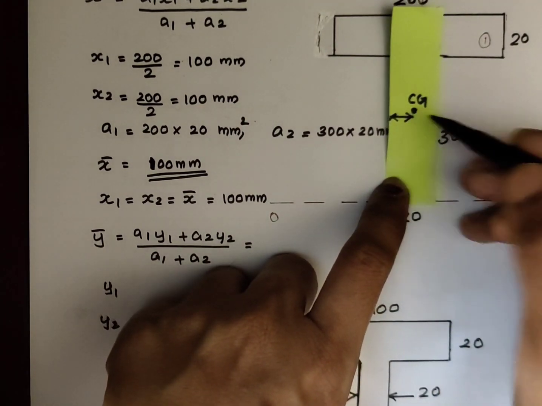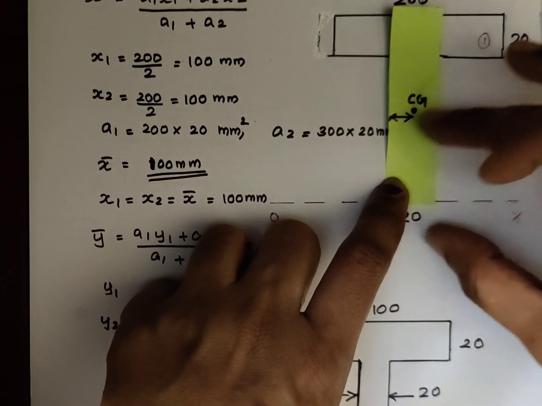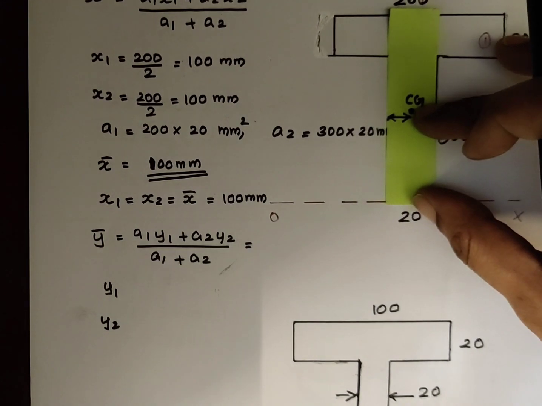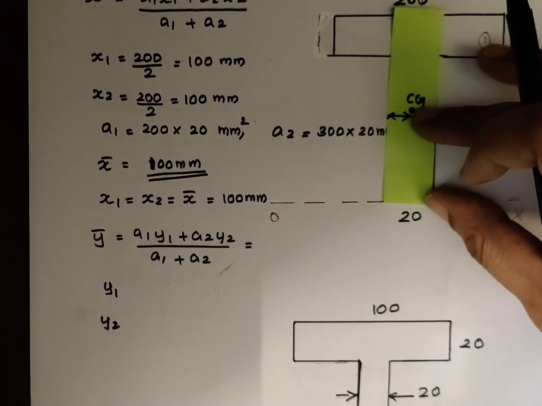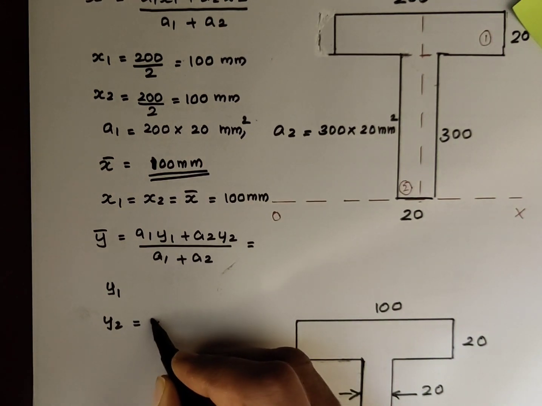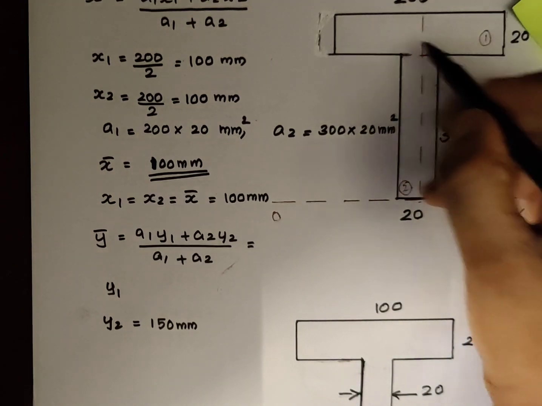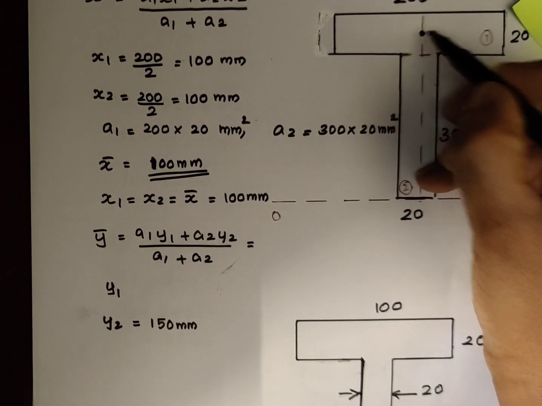So centroid is located here. This length is equal to, total depth is 300 and this length is equal to 150. That is half of that value. So y2 is equal to 150 mm. So next, centroid of the first rectangle is here.